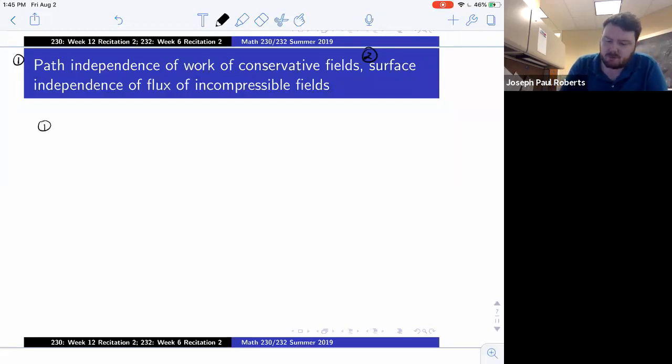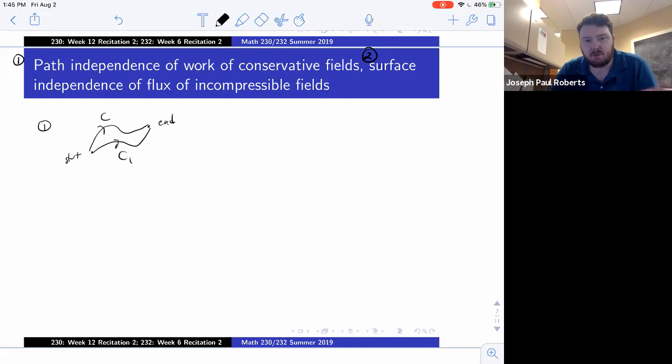the situation was, let's say I have a start point and an end point, and I have some curve C, and I have some curve C1.